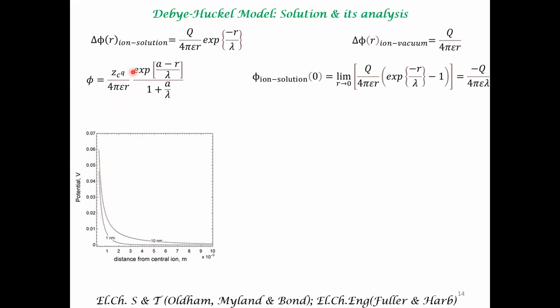The 1 by R term is like electrostatics; this is what I would have gotten just from an ion in vacuum. But as opposed to that, I have an exponentially decaying term. When I couple both of these, I have the potential decaying in this manner. All right, so just to emphasize, lambda is given by this quantity.